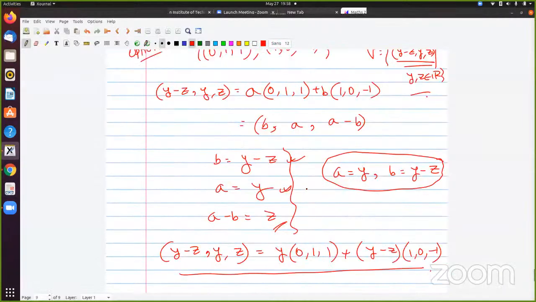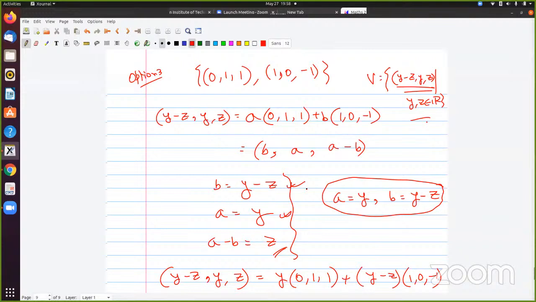Just for understanding purposes, for option 3, is it possible to give an example where there are two elements and they are part of this vector space, but they don't form a spanning set? No, that is not possible. They are linearly independent. It will always be like that because its dimension is 2. That's what I will tell you tomorrow. Understood.